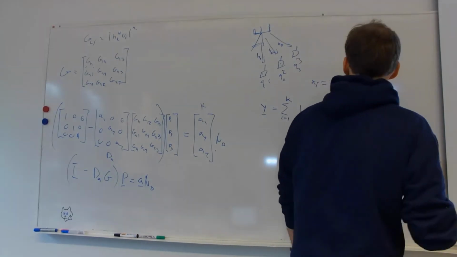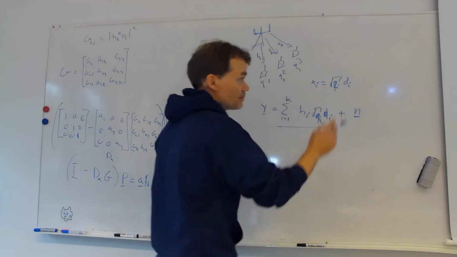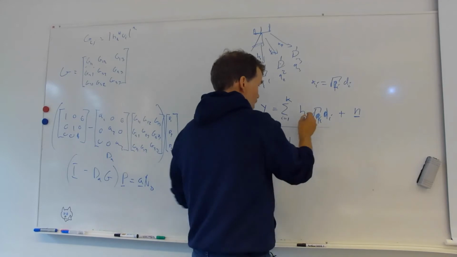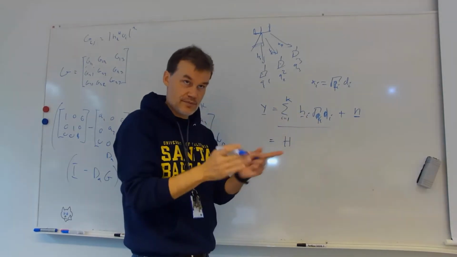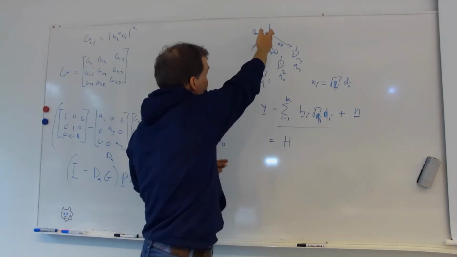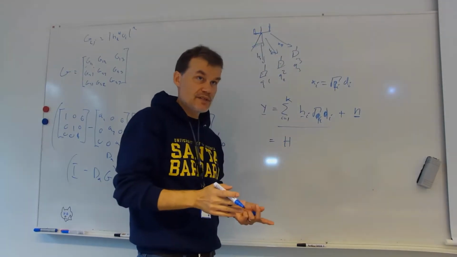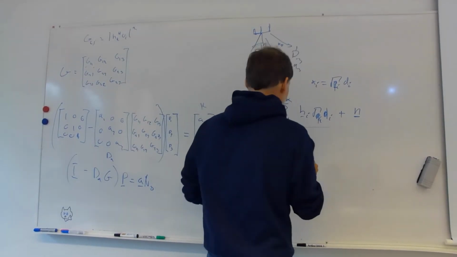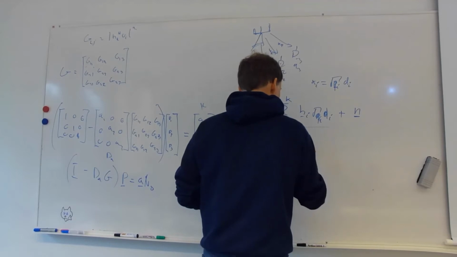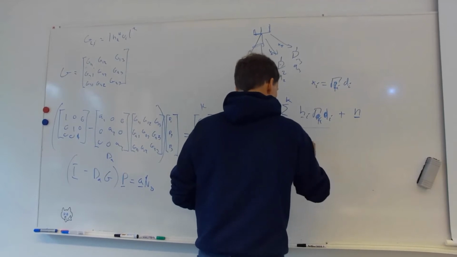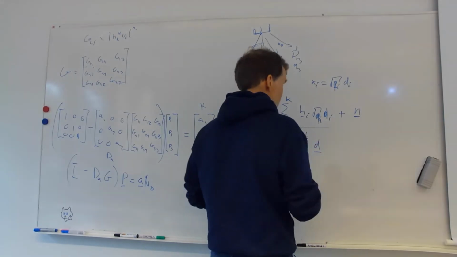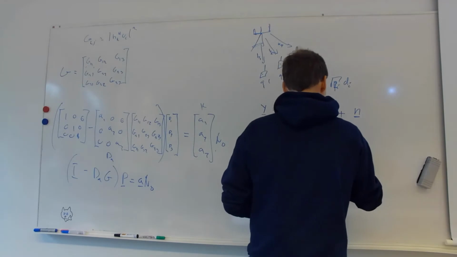We can write this concisely in matrix form. Just stack all these channel vectors into a matrix. If you have 3 antennas and 3 users, that would be a 3 by 3 matrix H1, H2, H3. The H matrix here, and then the power loading matrix, which is a diagonal matrix, times the symbol vector, plus the noise.